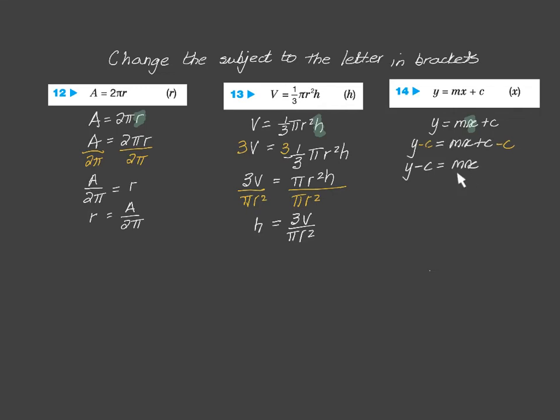On the right-hand side, where the x term is, we'll divide by m to isolate the x, and we'll divide both of these terms by m. So let's do that. Y over m minus c over m is equal to mx over m. I'm going to write the right-hand side first so that x is the subject. M divided by m is 1. X is equal to the left-hand side, y over m minus c over m.